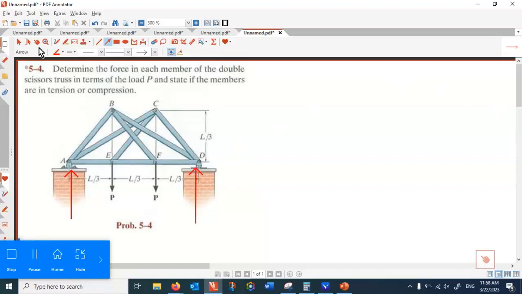I told you that these are going to be reactions, P, P. Obviously that fulfills the vertical translation and horizontal translation. You tell me what's the next step, and you get 2 bonus marks for the exam. Point of rotation about where? Before point of rotation, you have to tell me what free body diagram. Do you want to use the free body diagram for the entire structure? Why? You already took the entire structure and got the reaction. So what free body diagram are you talking about with the rotation? It has to be a method of joints, because I haven't told you about method of sections.